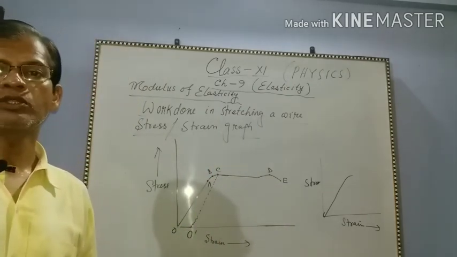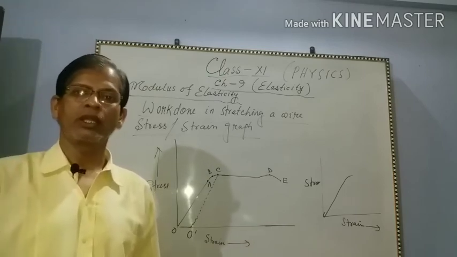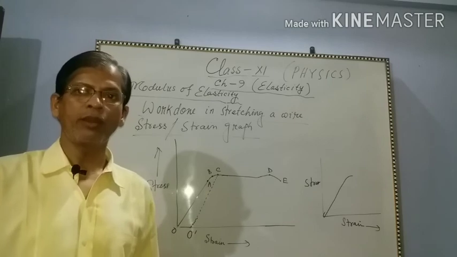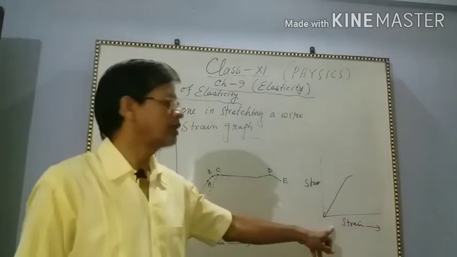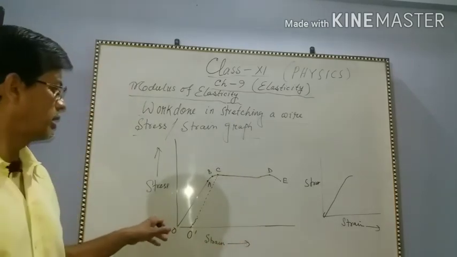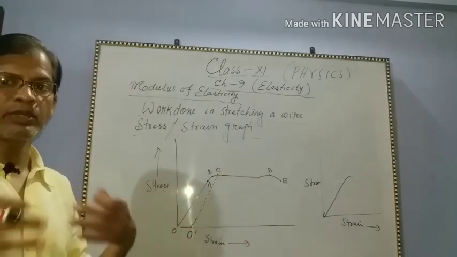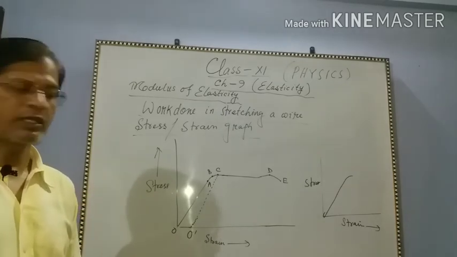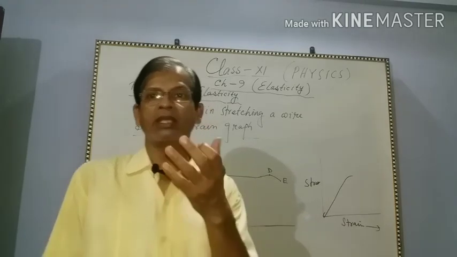That means if it crosses the elastic region, it will break. This is the brittle material. This is the graph for a brittle material, and this is the graph for an elastic material. Sometimes it will be plastic under some conditions. And this is only for brittle material like glass.